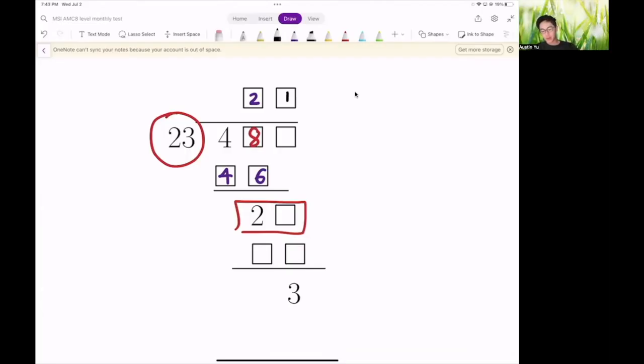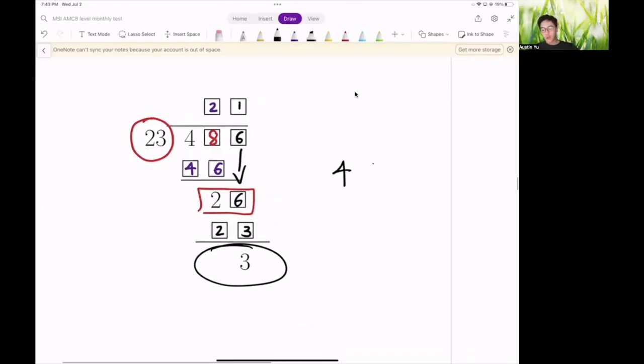So 1 times 23 is 23, right? Which also means that the number in the blank must be 6, because 26 minus 23 gives you a remainder of 3. And then obviously this must be 6 at the top because we dropped down the 6 here.